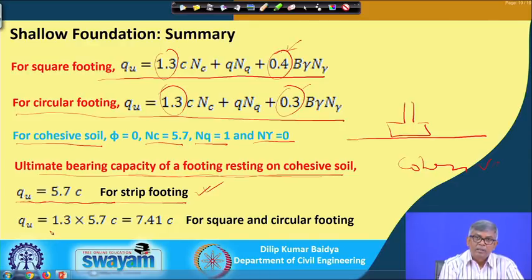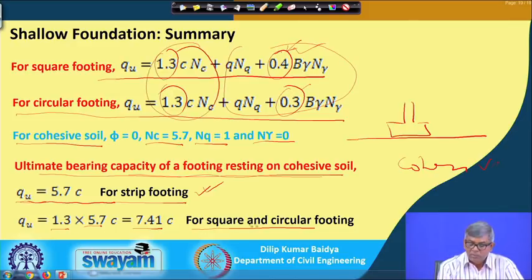When you go for square footing, it becomes 1.3 into 5.7 C, so it will be 7.41 C. For both square and circular footing, the ultimate bearing capacity of a footing resting on cohesive soil will be 7.41 C. So, the general equation is there, and for a particular case I can modify the equation to this form.